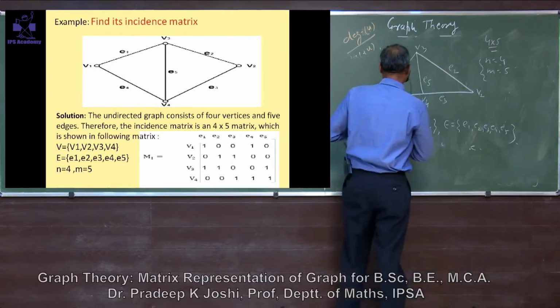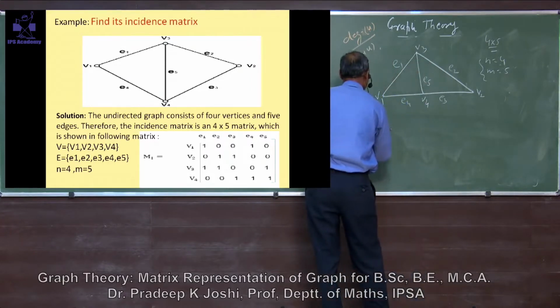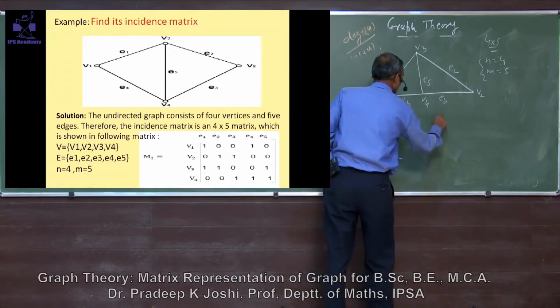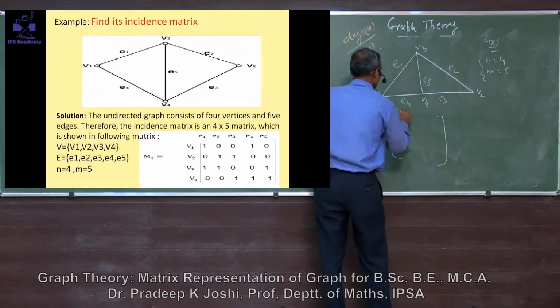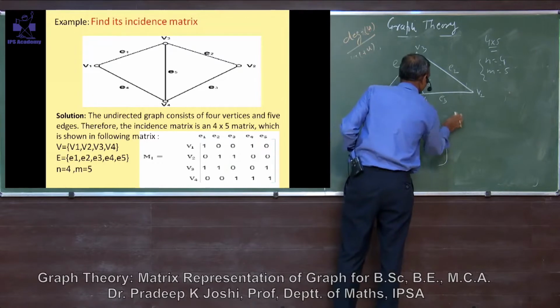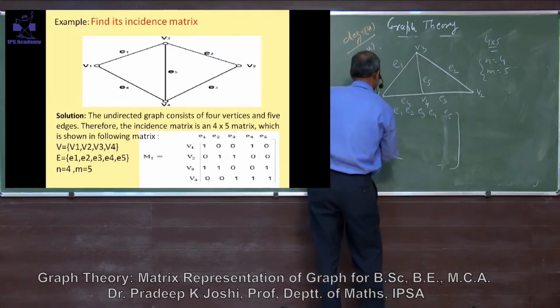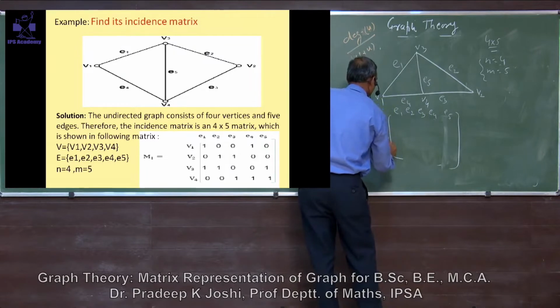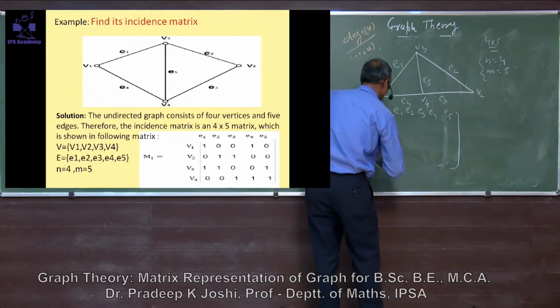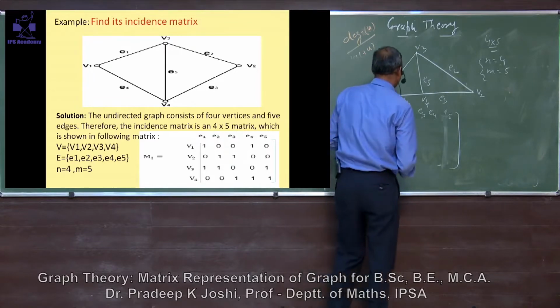Now we define the matrix C. Columns represent edges, and this is V1, V2, V3 and V4; rows represent vertices.